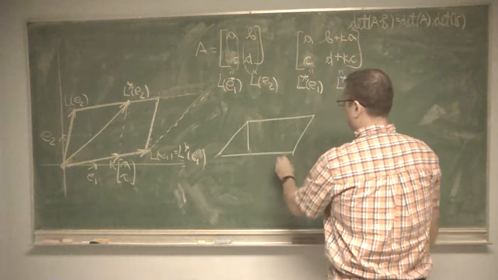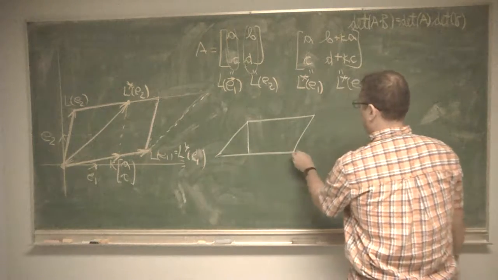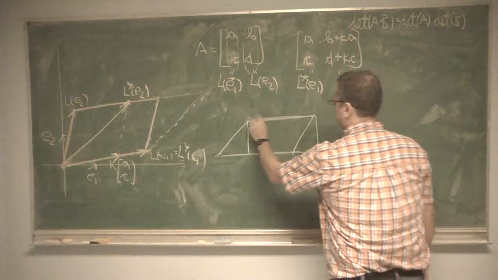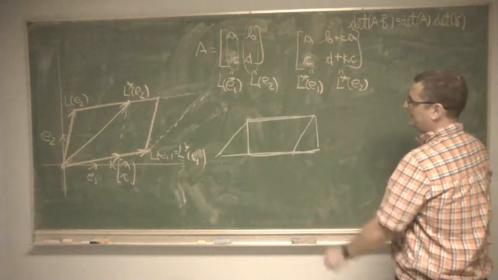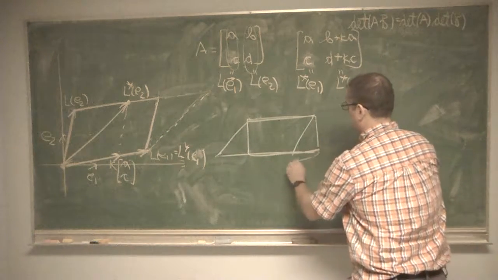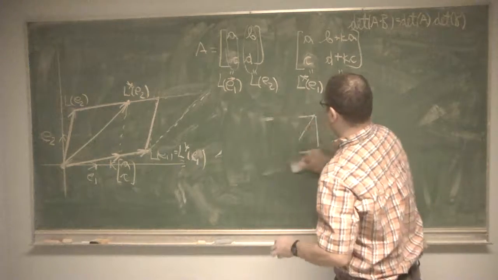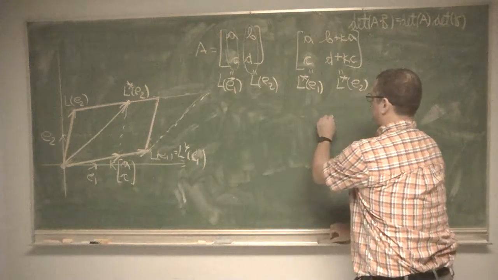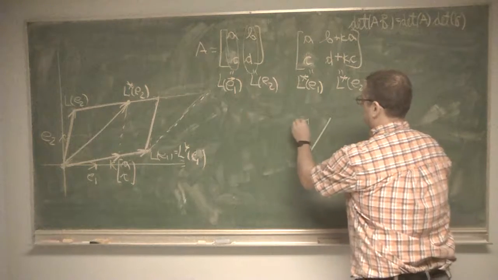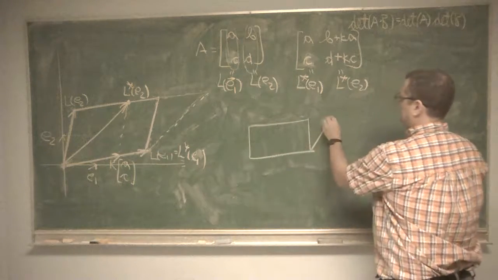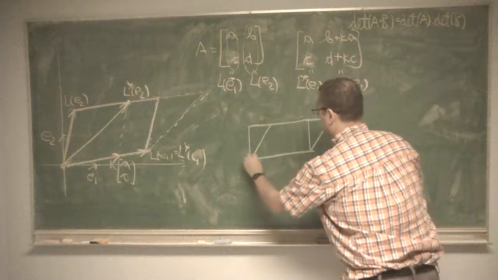And actually, the area of a parallelogram is, of course, base times height. Just look at this rectangle. I should draw it like this. So I have a rectangle here and some parallelogram.